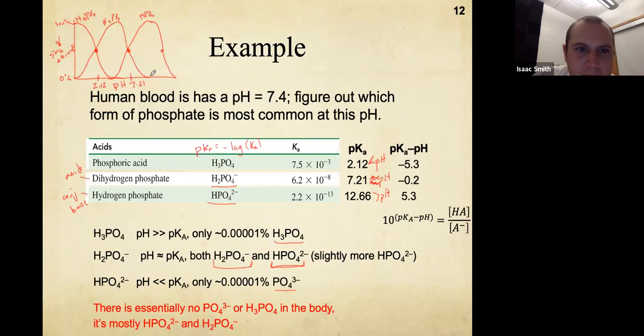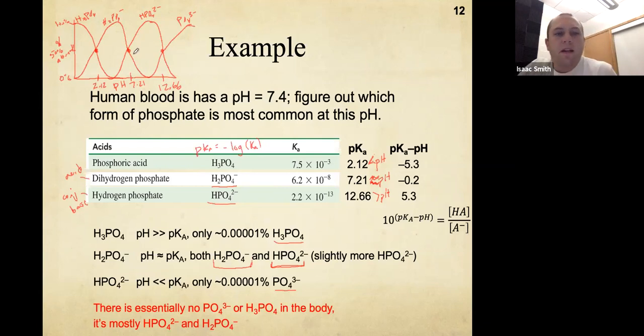Okay, and then the last one would be, oh, it's a bad one, but just phosphate, okay? I guess I'll put the charges in here. Okay, and then because the pKa of hydrogen phosphate is about 12.66, at this point, we have equal amounts of hydrogen phosphate and just phosphate, okay?